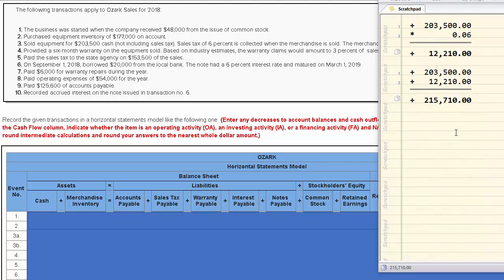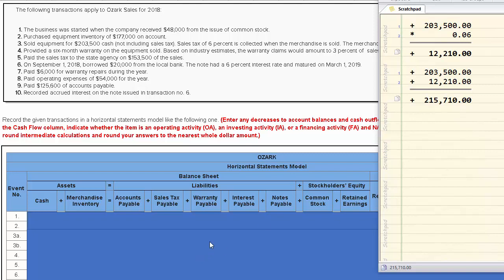All right, so I've moved my little scratch pad calculator in front of you so you can see the calculations. If we take $203,500, the selling price for the equipment, times 6%, we come up with $12,210 as sales tax. So if we add the sales tax to the selling price, the $203,500, we're going to collect cash of $215,710.